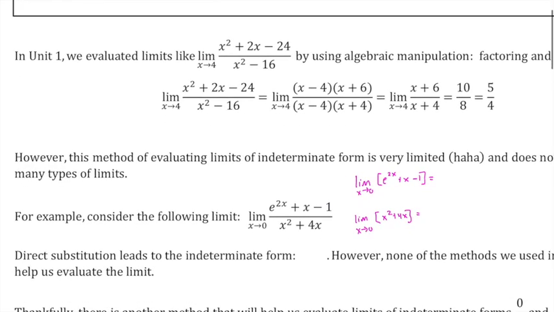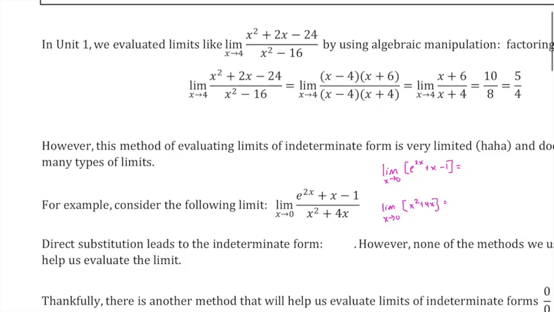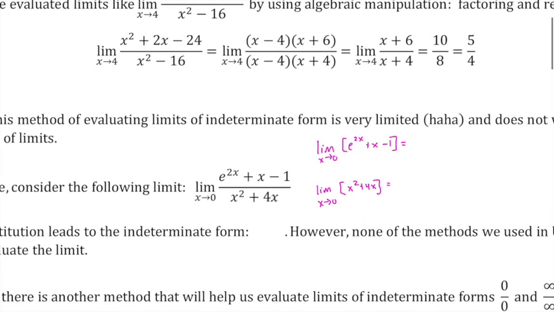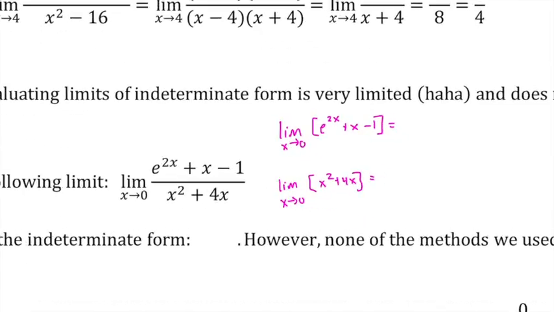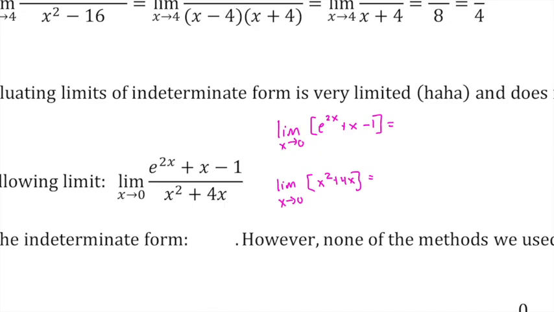Okay, so what happens if we cannot manipulate it by factoring or some other process? We're going to consider this function. Again, if we substitute 0 in the numerator, we're going to get e to the 2 times 0, which is 1, plus 0 minus 1.